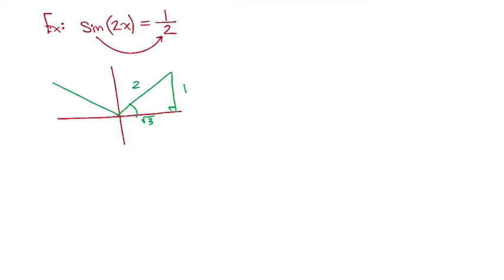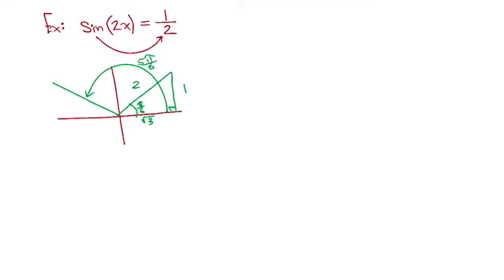I was waiting for pi over 6. I like my radians, you know. So this angle is pi over 6, better known as 30 degrees. All right. So if that's pi over 6, what's this one that opens up into the second quadrant? 5 pi over 6.